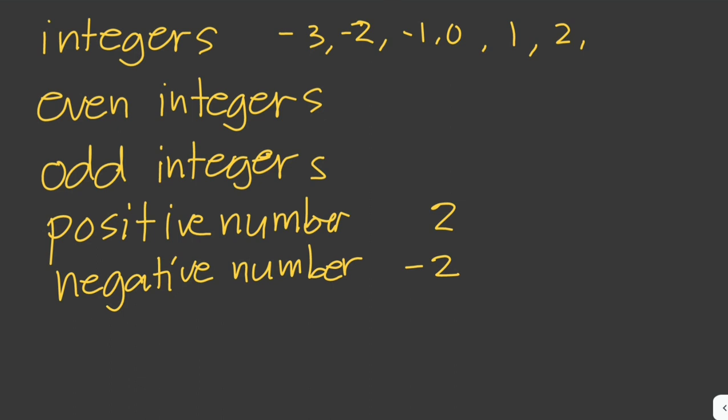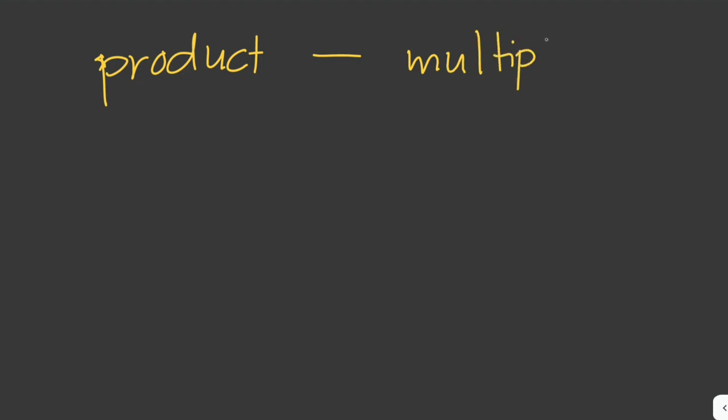And then we have product. When we say product, this means we multiply. So the product of two numbers, say the product of 2 and 3, means you multiply 2 and 3.